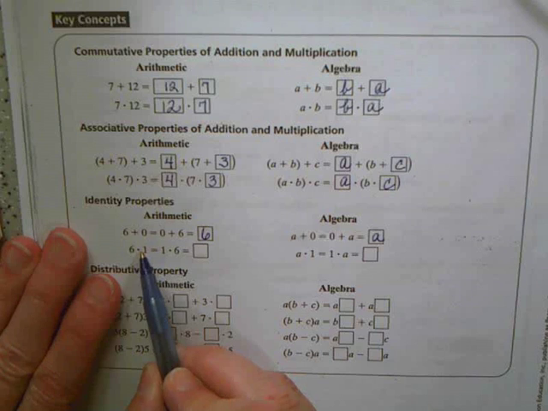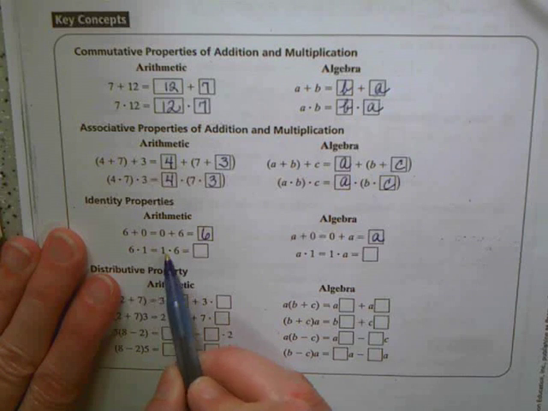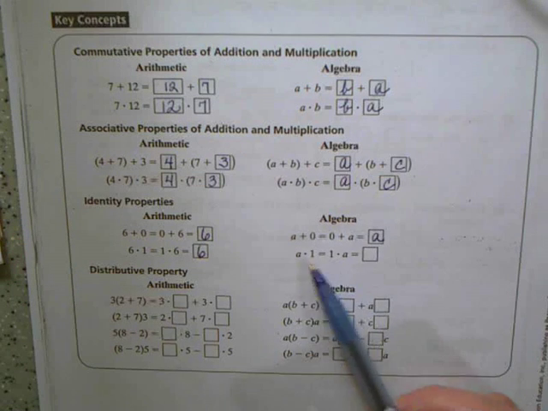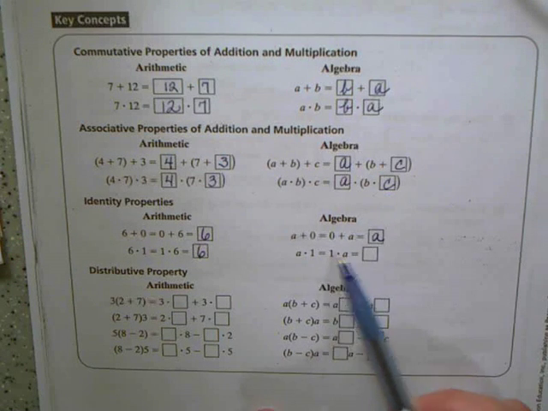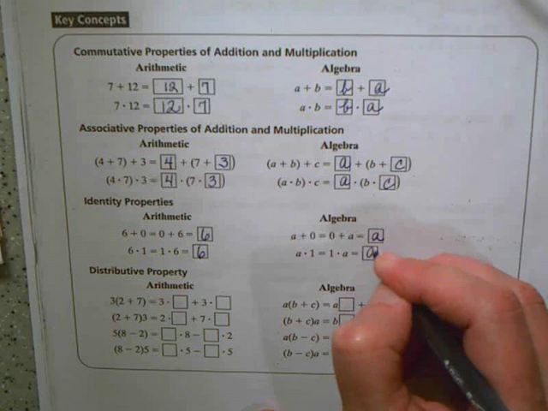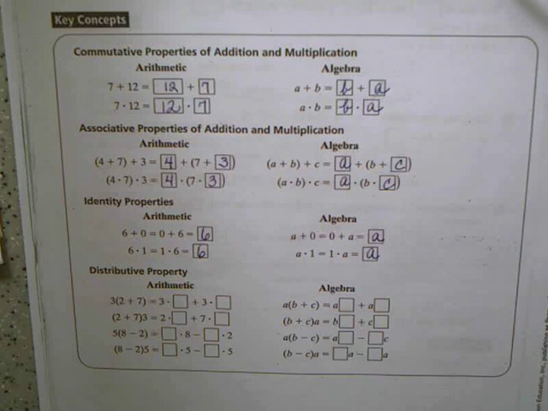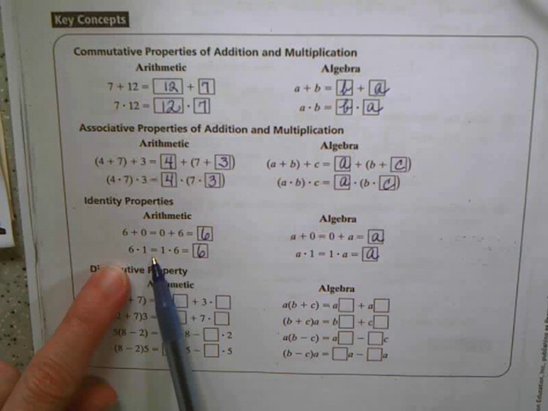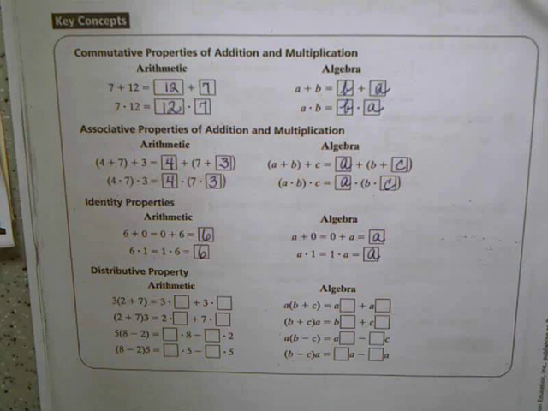So 6 times 1 is equal to 1 times 6, which equals 6. A times 1 is equal to 1 times a, or a. Okay, so the identity for addition is adding 0. The identity for multiplication is multiplying by 1.